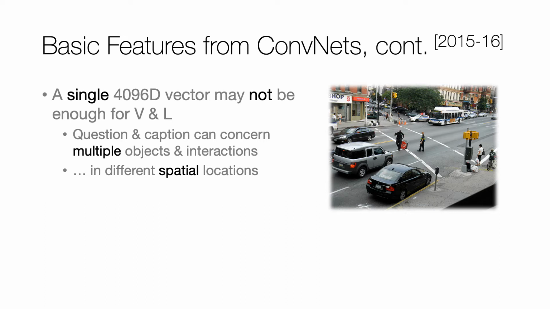But more importantly, those multiple objects and interactions usually occur in different places and spatial locations in the image, and it is really not ideal to represent all of them in a flattened vector that could potentially mess up spatial information.